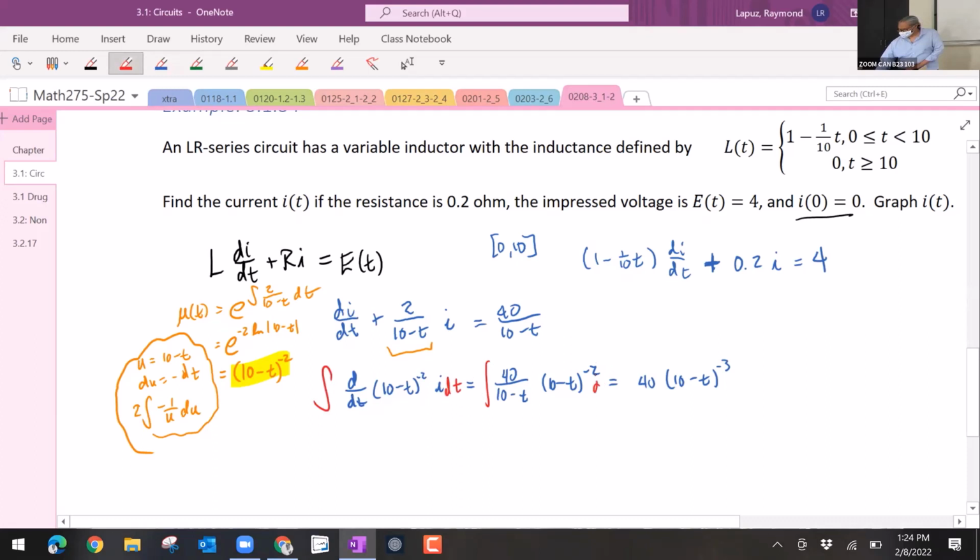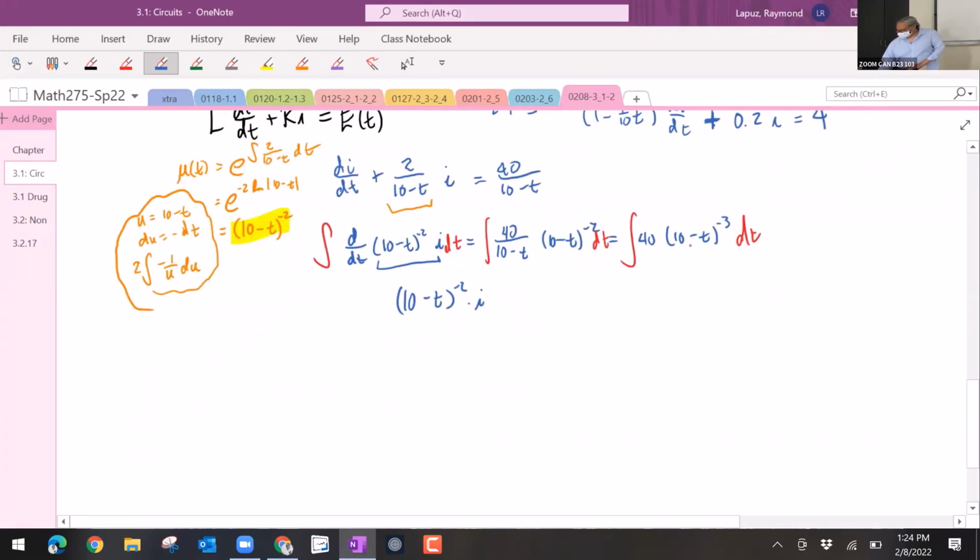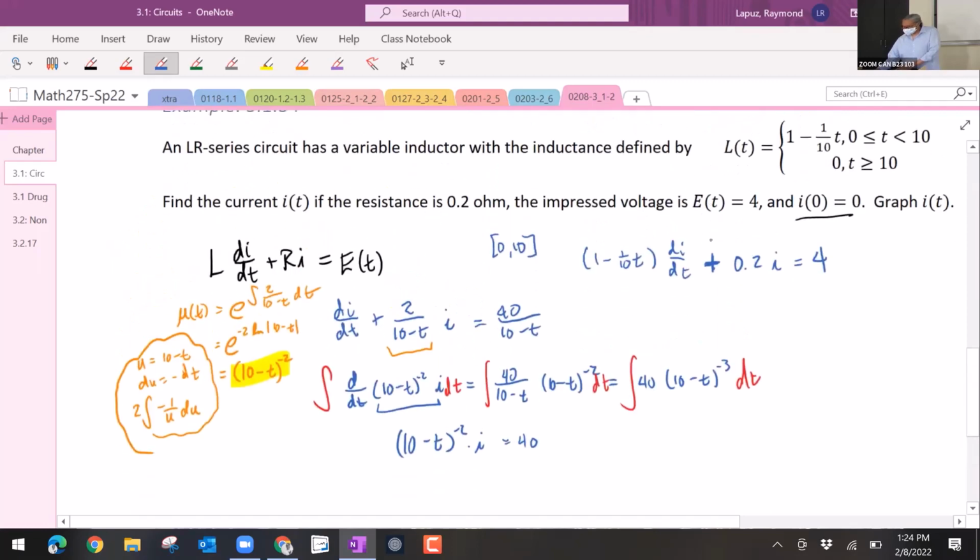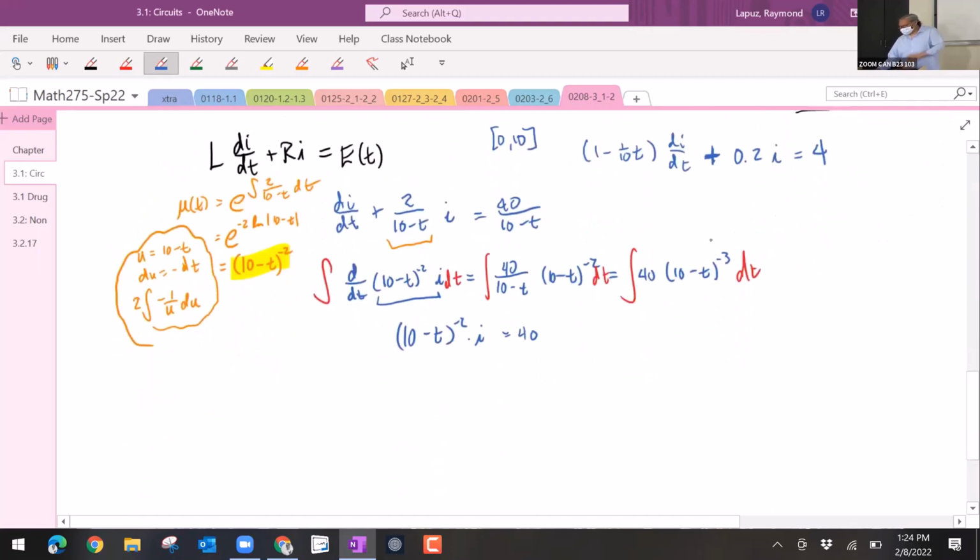I mean, all sides, but we really just care about what's happening in the last slot. In the first slot, we know that's just going to be the 10 minus t to the negative 2 power times I. And then here, we have a 40 constant, and then the u substitution again will generate a negative sign.